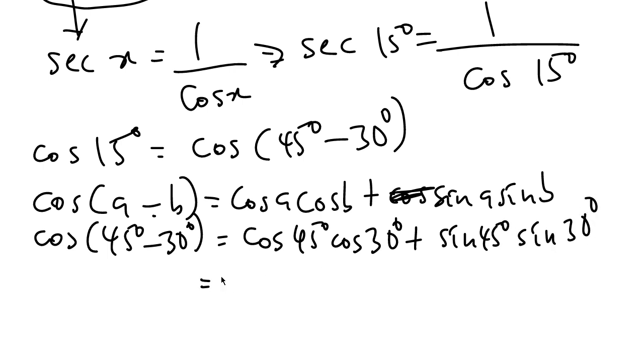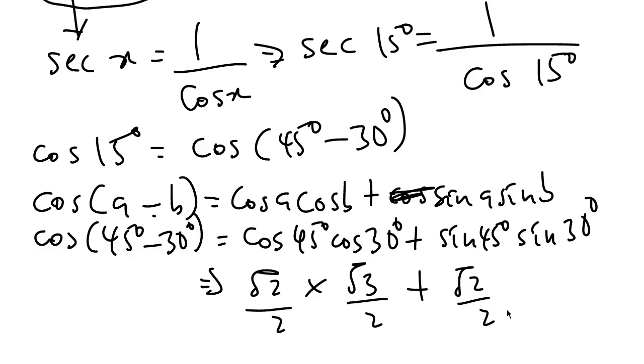And cos 45, we've established that is root 2 over 2, times cos 30, which is root 3 over 2. Then plus sin 45, which is still root 2 over 2, and then sin 30 is half, right?